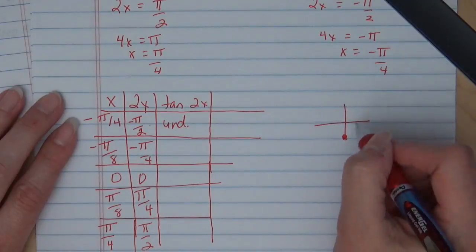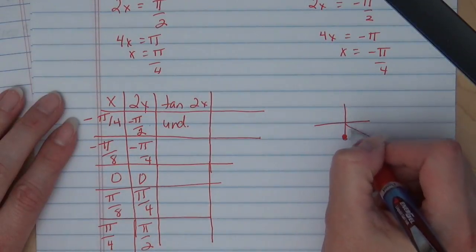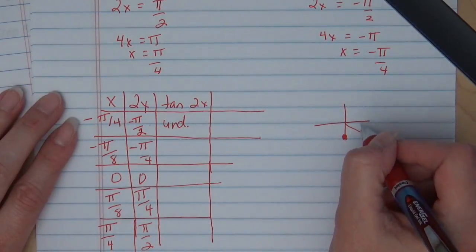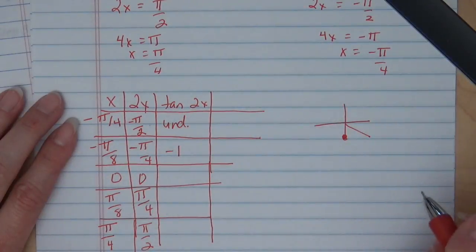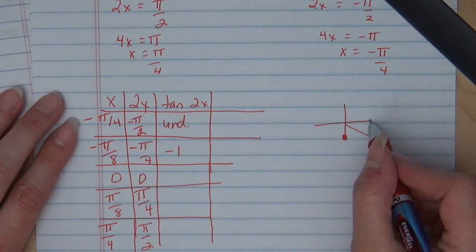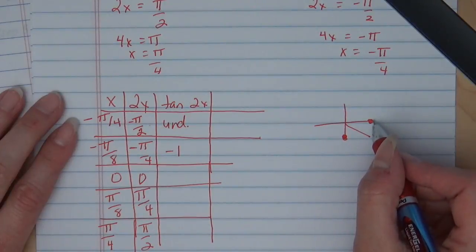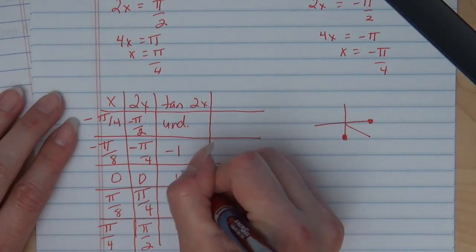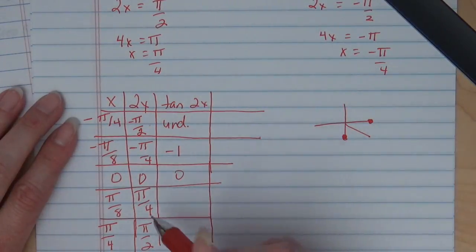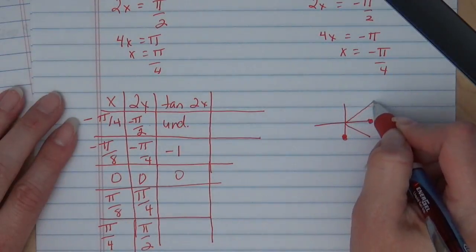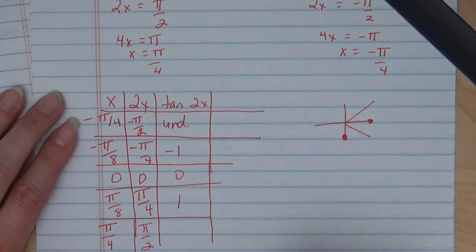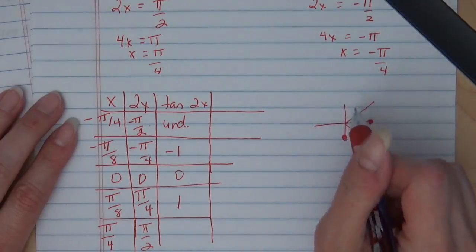Negative pi over 4 is going to put me there at a 45-degree angle. That tangent is going to be negative 1. At 0 degrees, I'm here. Tangent now is going to be 0. And then pi over 4 is 45 degrees. Tangent is 1. And pi over 2, my tangent is undefined.